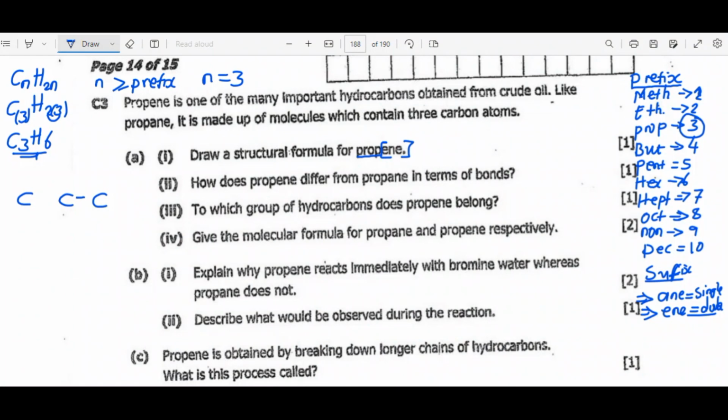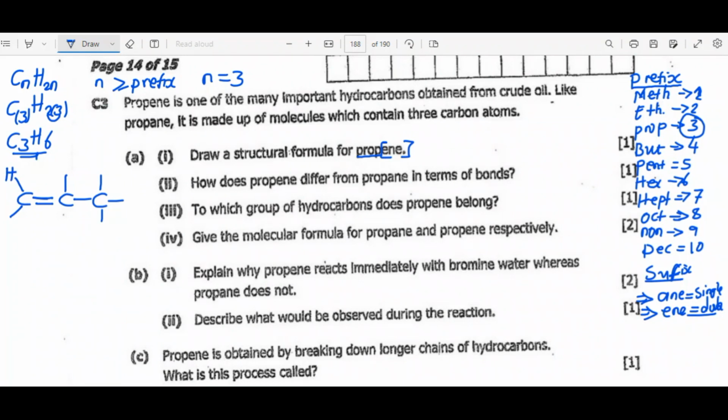If you want, we can just put the double bond here, or since we are not told the number, we can just put it here. So this is our double bond. And remember, we said each carbon must have 4 bonds. So this one is filled. Then this one is also filled. Then we can see that we have the 6 bonds.